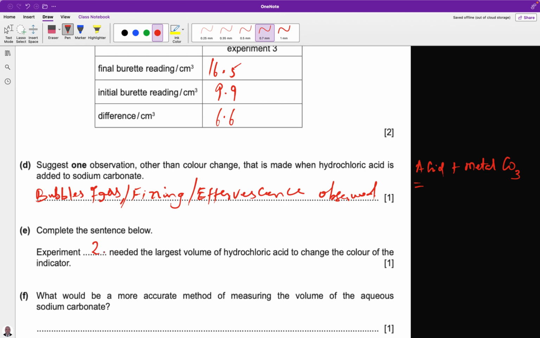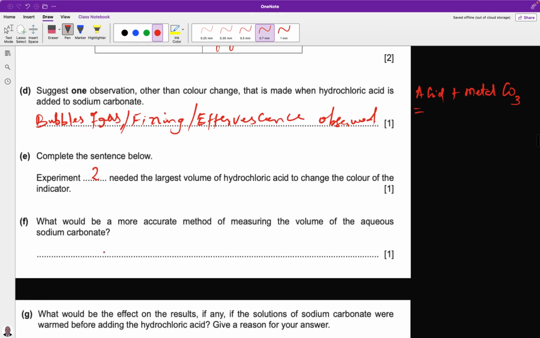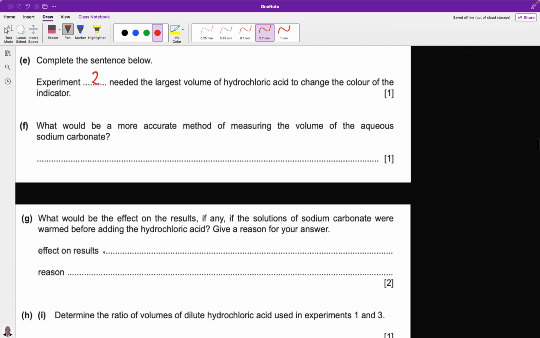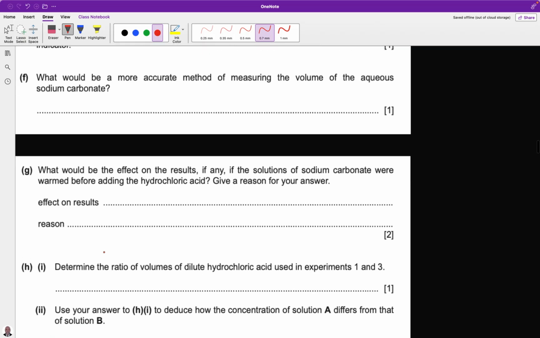Experiment 2. It takes us to F part of the question. The F part of the question says, what would be a more accurate method of measuring the volume of the aqueous sodium carbonate?